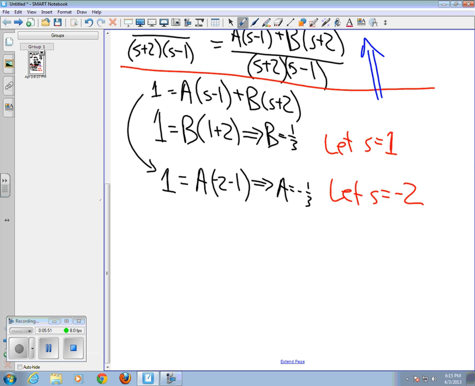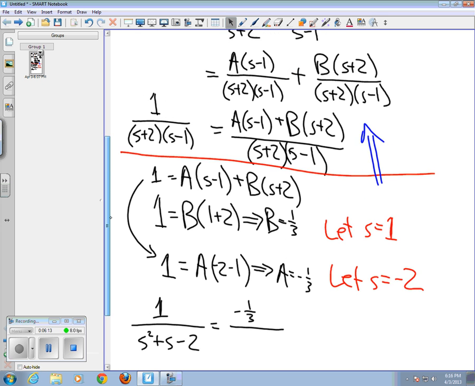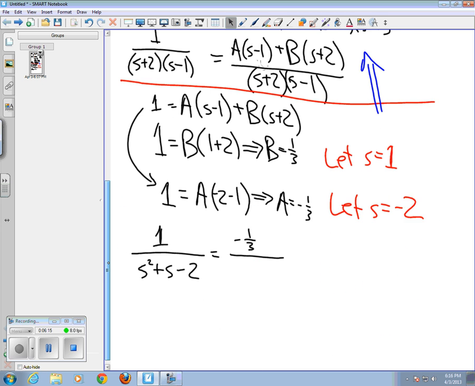So this gives us what we call the partial fraction decomposition. 1 over s squared plus s minus 2 is equal to -1/3 over... let's look back up and make sure we get the right thing here. The a was over s plus 2.